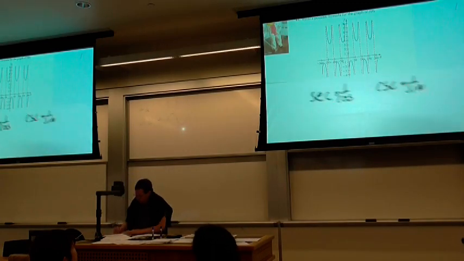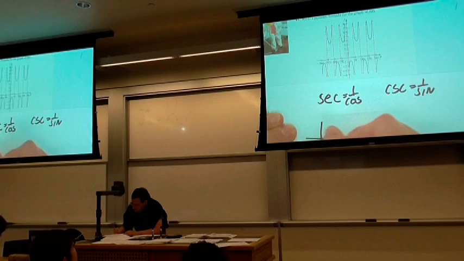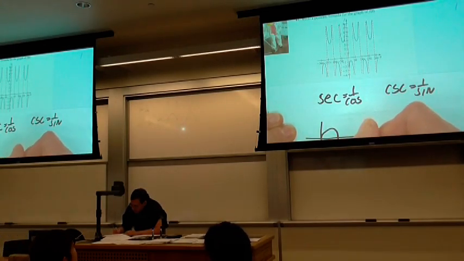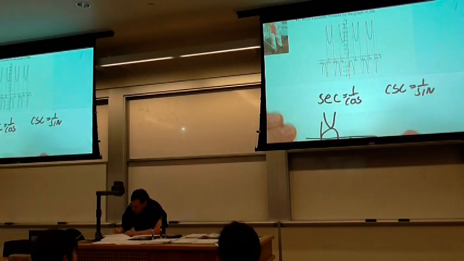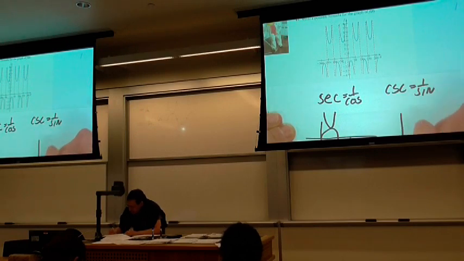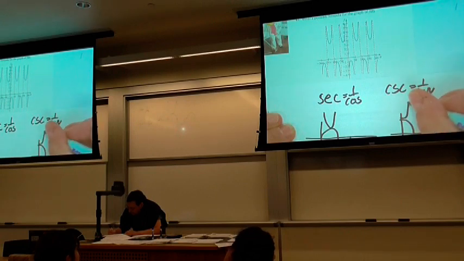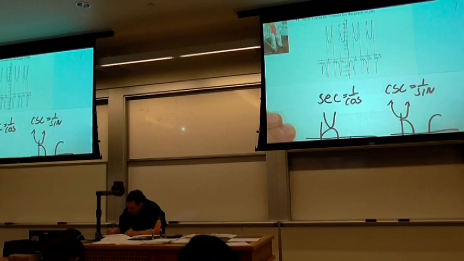Let me just draw here. So here's the sine. So a cosecant is kind of like this. And here's a cosine function. So the secant is more like this.